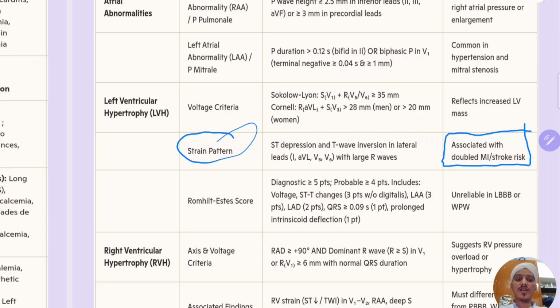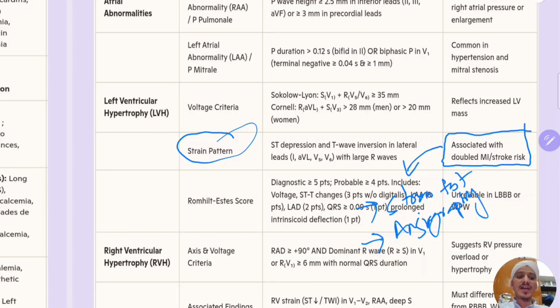So what does that mean? The patient may need a stress test, a treadmill test, to know whether there is any blockage of the coronary artery, or he may need angiography. These are all things we realize just by knowing this strain pattern.